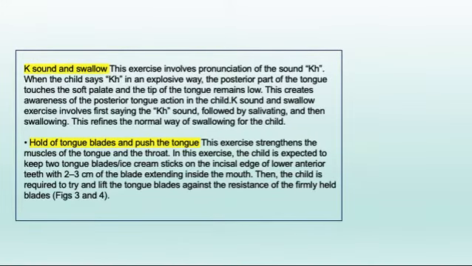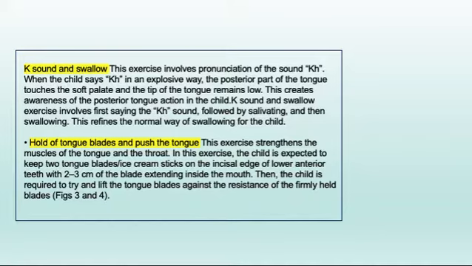K sound and swallow. This exercise involves the pronunciation of the sound K in an explosive way. When the child says K, the posterior part of the tongue touches the soft palate and the tip of the tongue remains low.